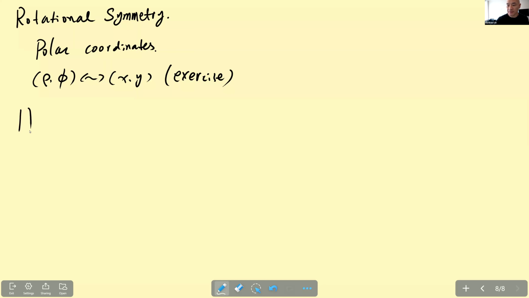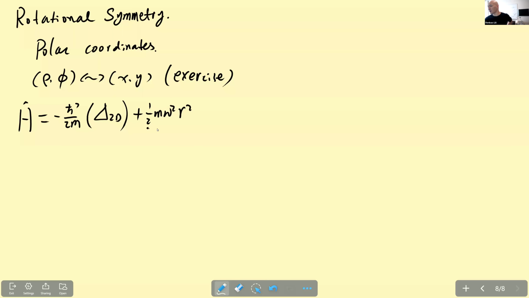And so you have the Hamiltonian. Now in this one, you have the Laplacian in 2D, okay, and then plus 1/2 m omega squared r squared.